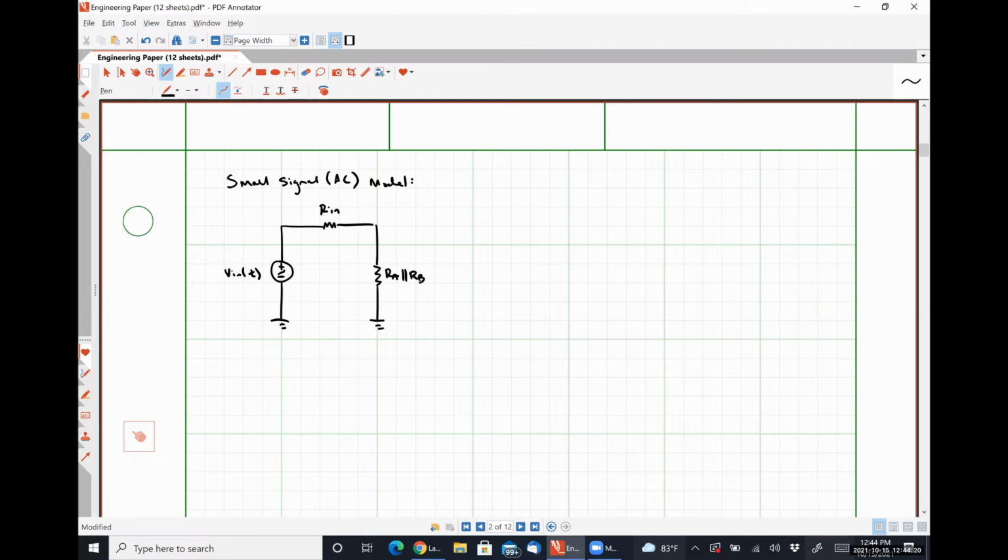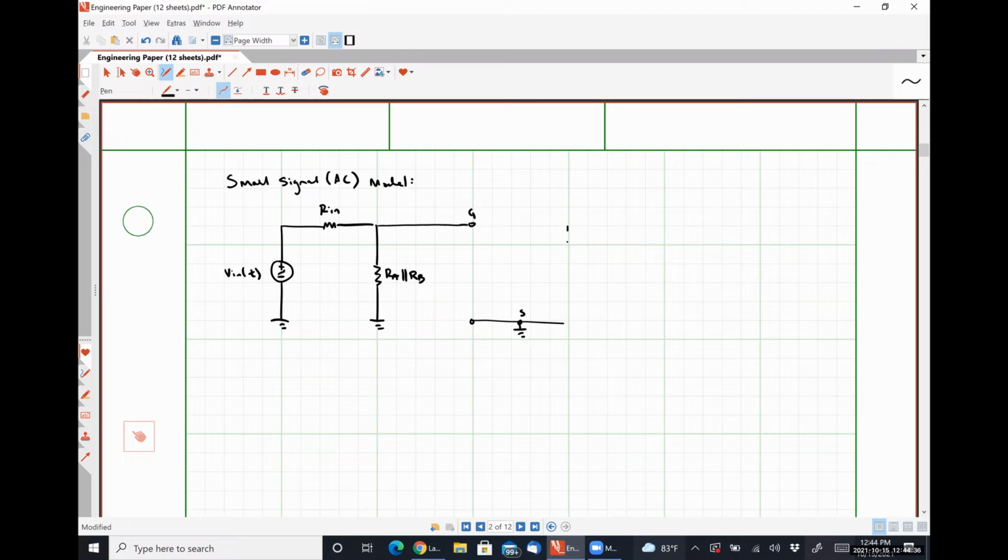That's why Ra and Rb are in parallel. And then this is our gate terminal.